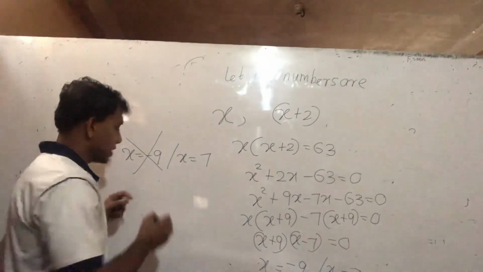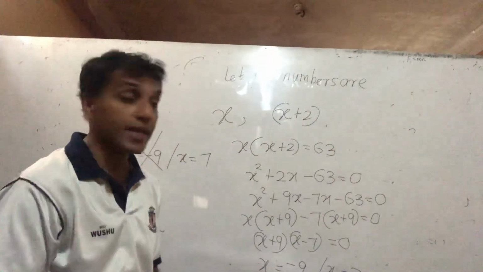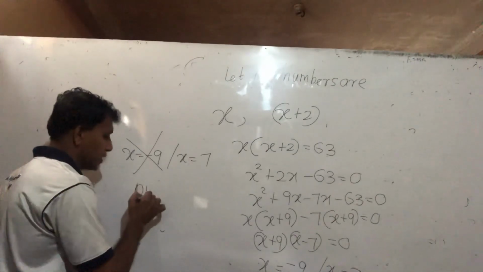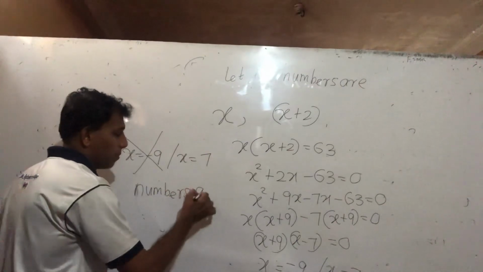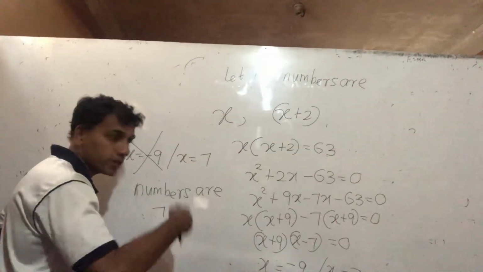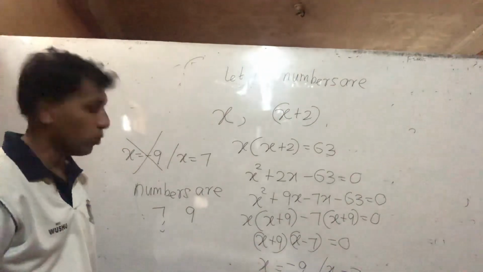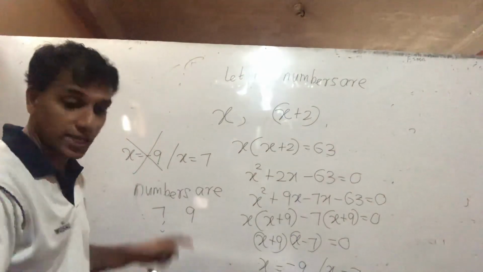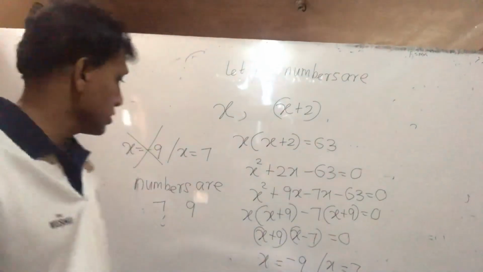So one number is 7, the other number is 2 more, that is 9. Successive numbers, 7 and 9. Then only can you multiply 7 times 9 to get 63. You can't take minus because they say positive odd numbers only. That's the method.